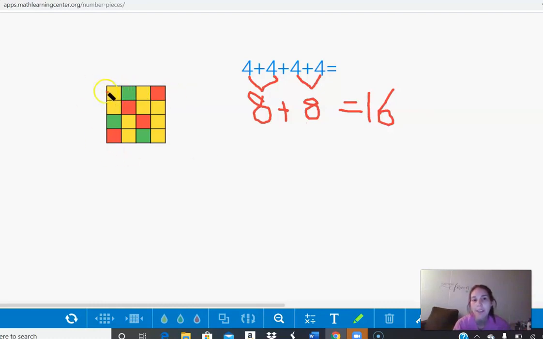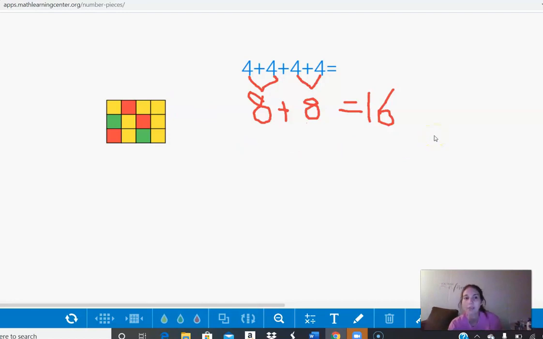All right. Now, what if we took away one row? If I took away one row, how many would we have left? So we have 16, and I'm going to take away one row. So I'm going to take 4 away. So your new number sentence would be 16 minus 4.